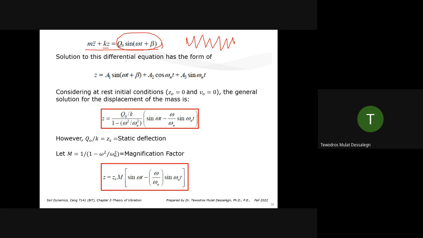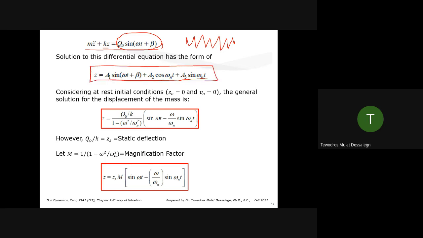The solution to this differential equation has the form of this. Now it's getting more complicated. When it was free vibration in the first case, when there was no constantly applied force, it was two terms, A1 and A2. Now it will be A3. So the displacement can be expressed for this differential equation like this.